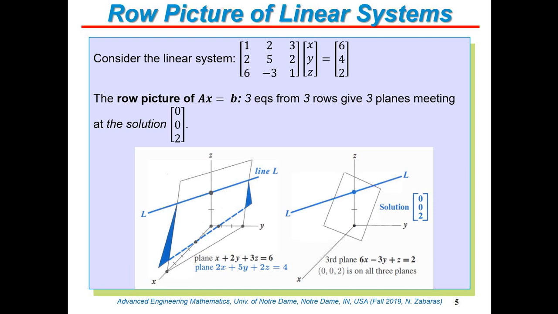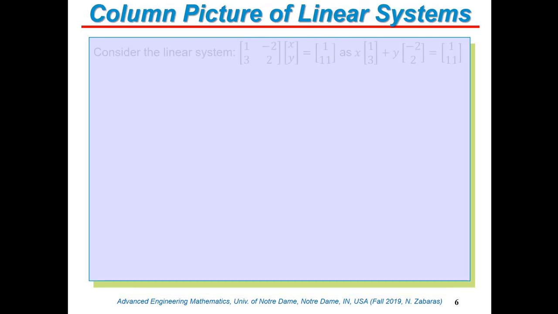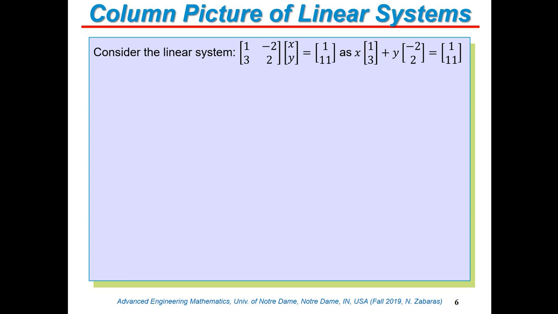And now we can go back and review once more the column view of linear systems of equations. So what I'm going to do is I'm going to start with the same trivial system of 2 by 2 equations, and I'm going to write it now as a combination of the 2 columns 1 and 3 and minus 2 and 2. The combination is defined by x and y.